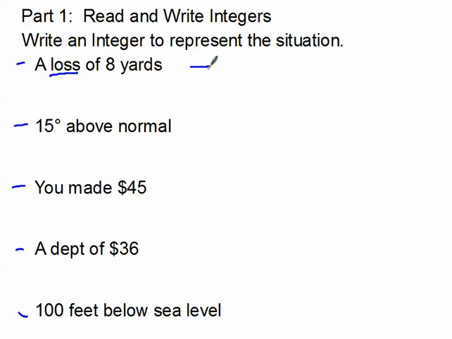So this whole situation says a loss of 8 yards would be minus 8 yards. And anytime you write an answer according to a situation, you must have a label on it. So in the second one, we got 15 degrees above normal. Well, the word above means positive. So this would be 15 degrees is how we would write this integer.